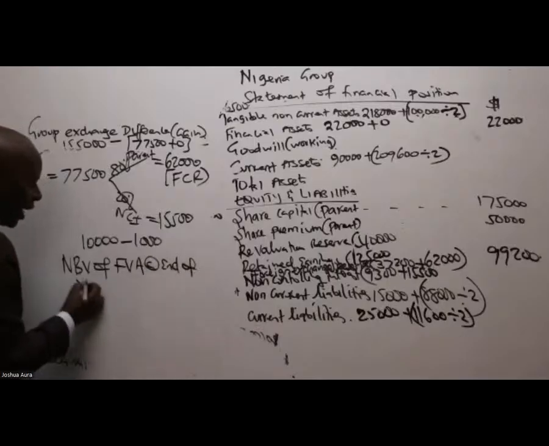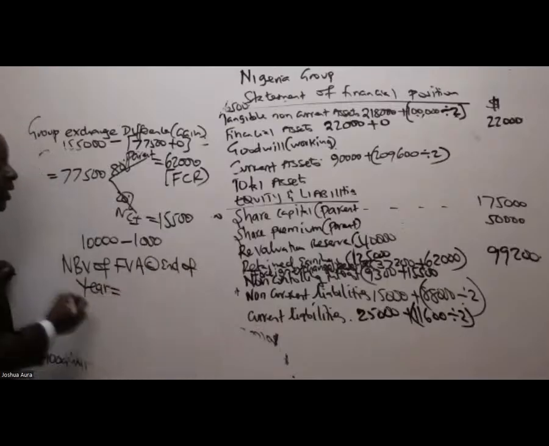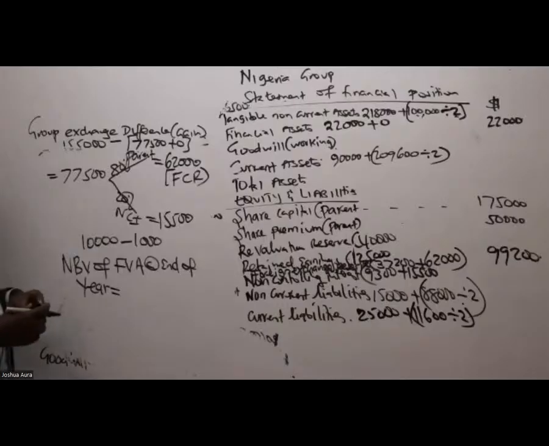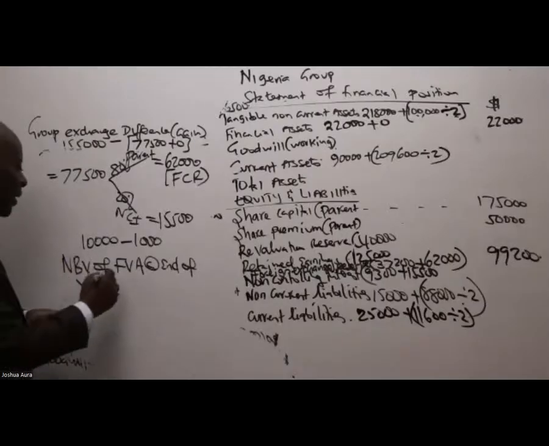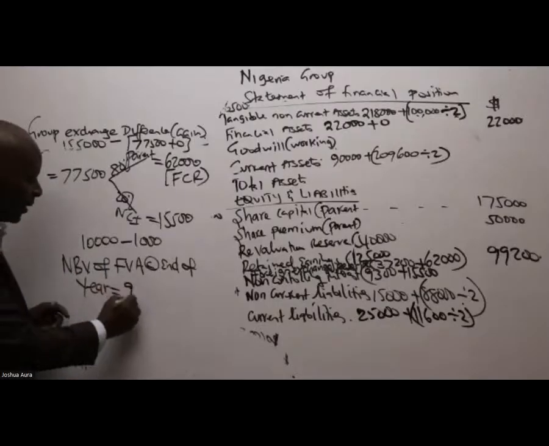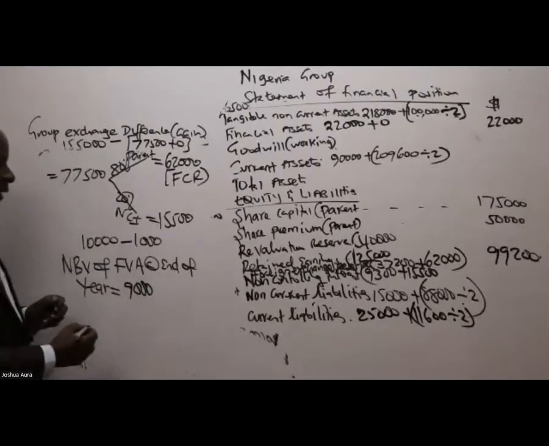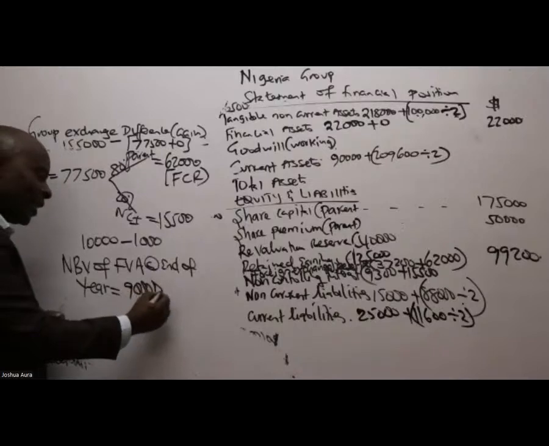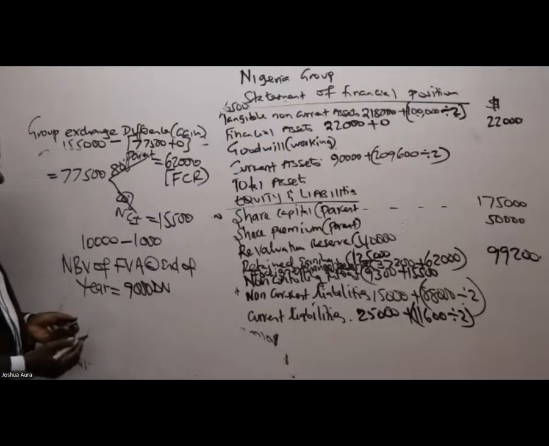This will be 9,000, not 99. This will be 10,000 minus 1,000, which gives me 9,000 DN.